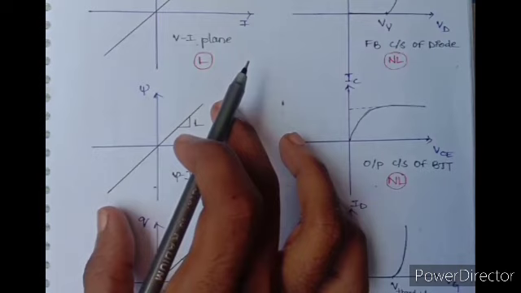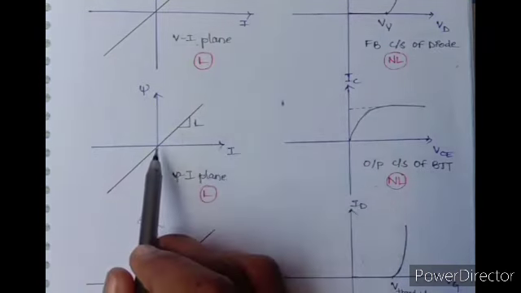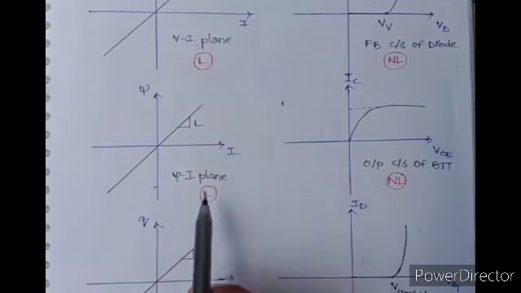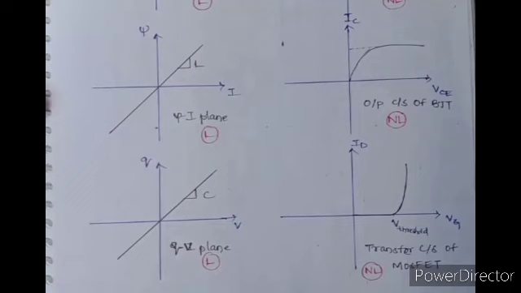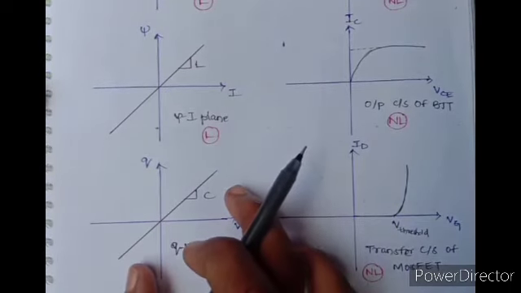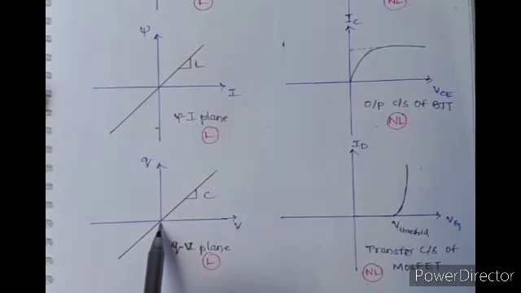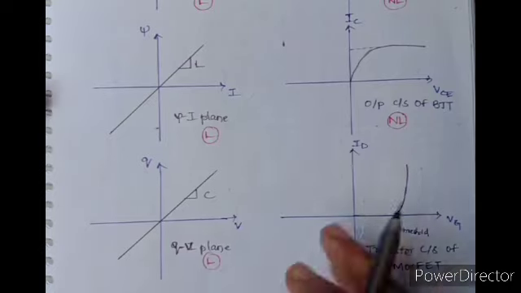This is a characteristics curve of an inductor in psi-I plane, which is a straight line and passing through origin. That means inductor is also a linear element. Now look at this. This is a characteristics curve of capacitor in QV plane, which is a straight line and passing through origin. That means capacitor is also a linear element.